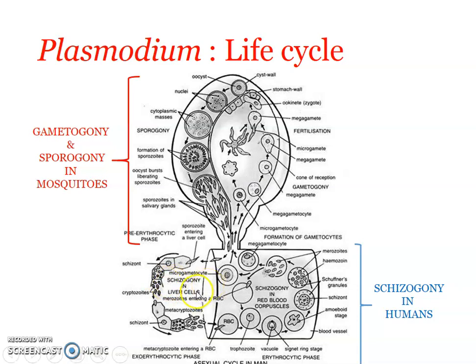Schizogony in liver cells: after penetrating the hepatic cells, each sporozoid grows for a number of days and then becomes spherical in nature. You can see this is the spherical transformation of the sporozoid. This spherical phase is non-pigmented and is referred to as a schizont.